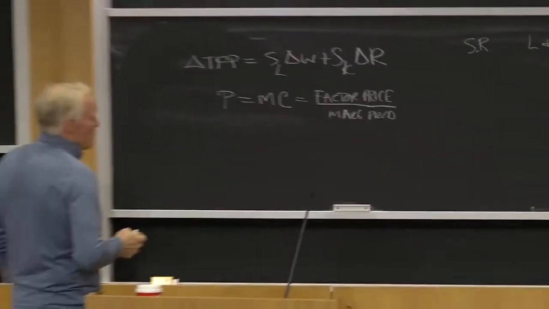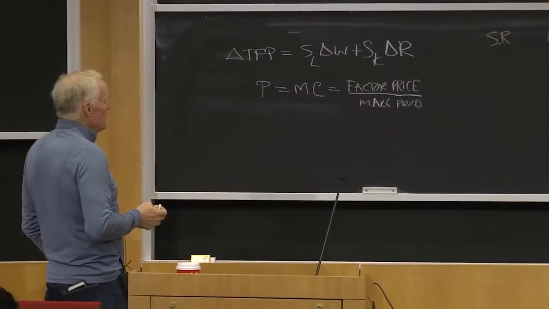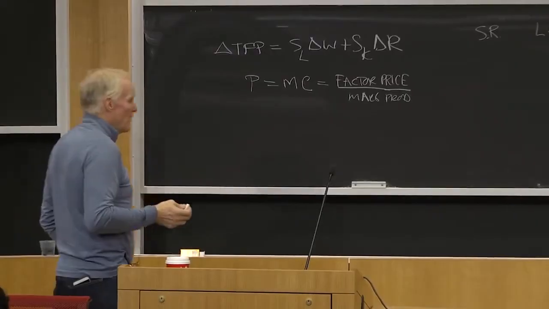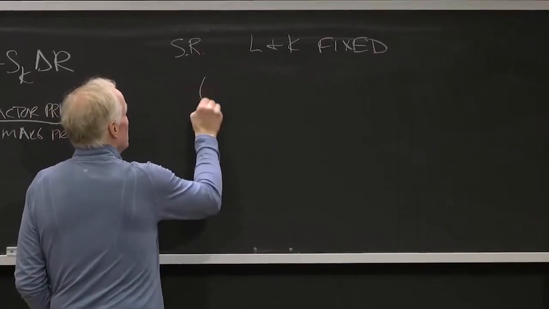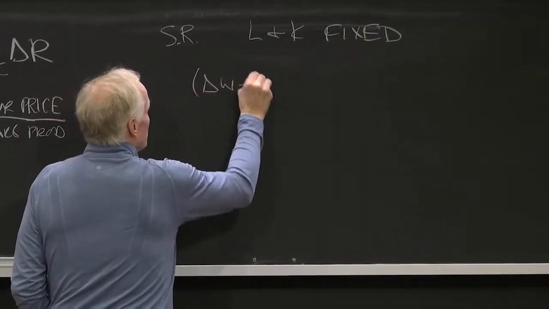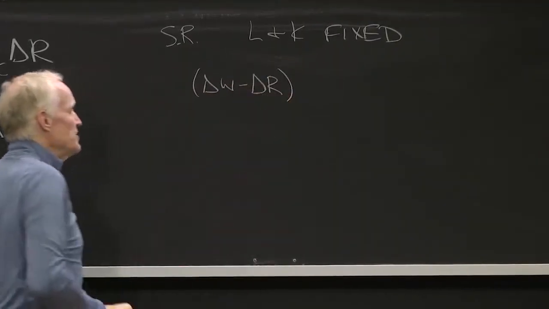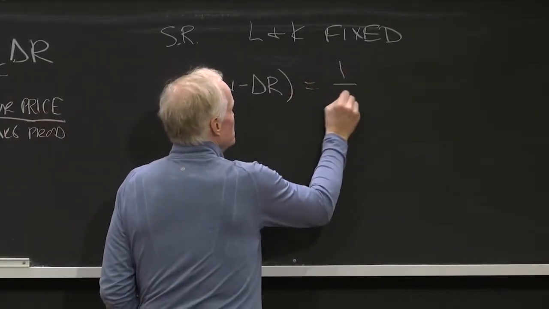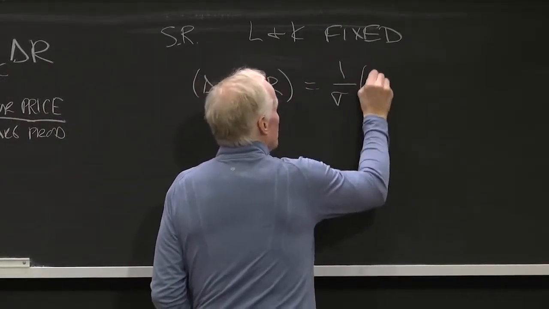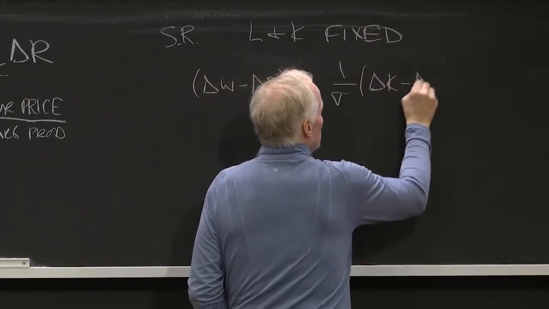So what we think about on the other side of the model, and this is where we ended up last time, is delta W minus delta R, which is the change in the relative price of labor, is going to be equal to 1 over sigma times delta K minus delta L.